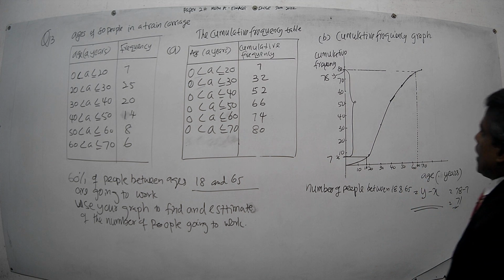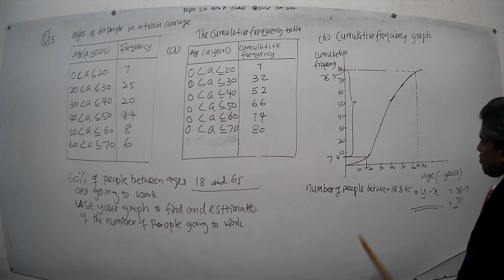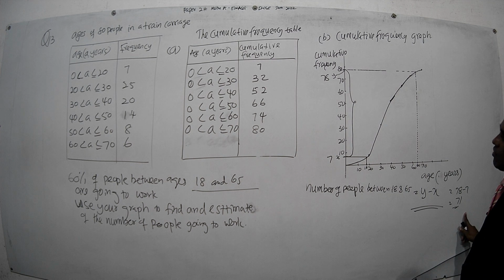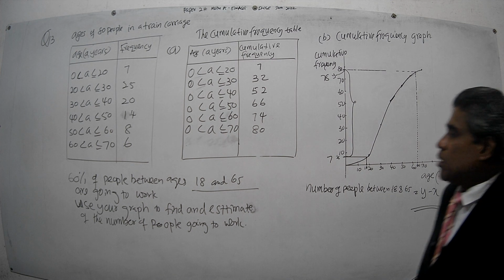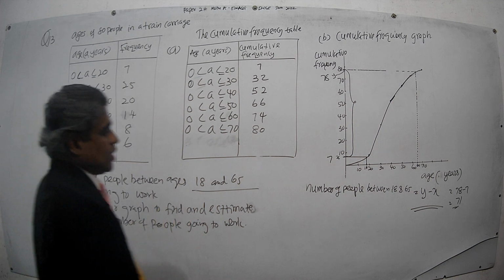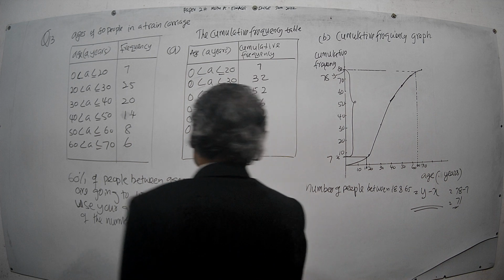I assume that y was 78 and x was 7, rough values. Then 78 minus 7 is 71. Then 71 is the number of people in the age group 18 and 65.